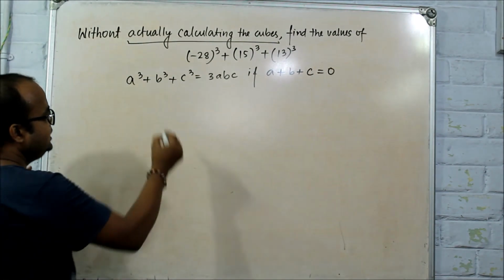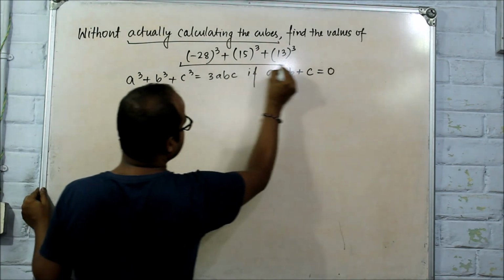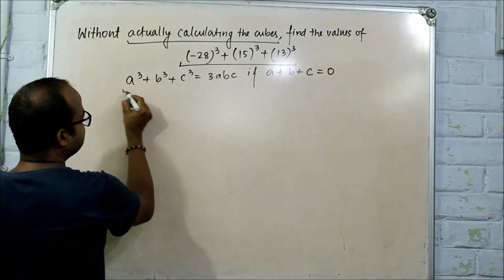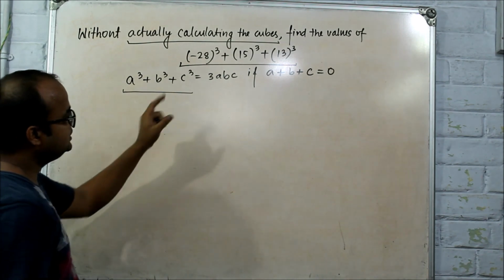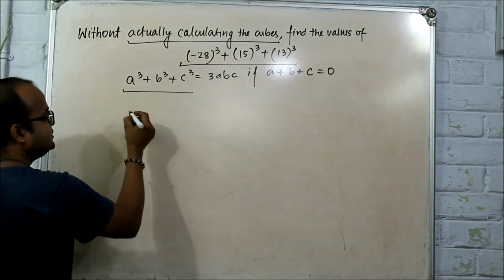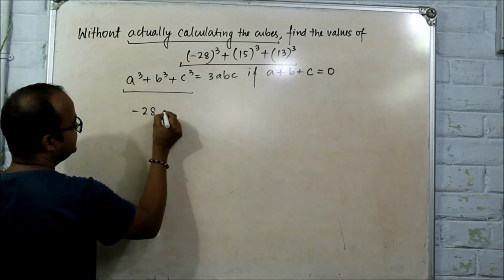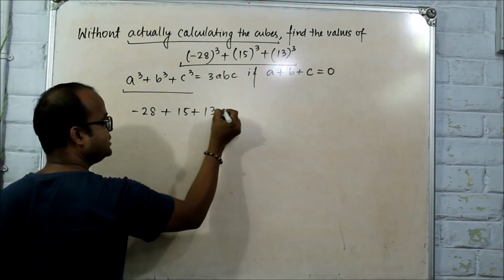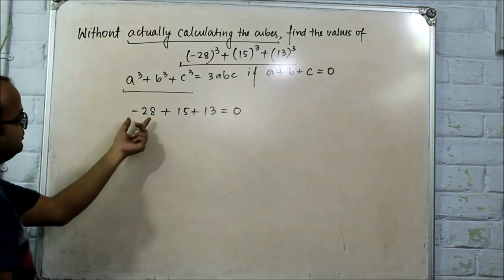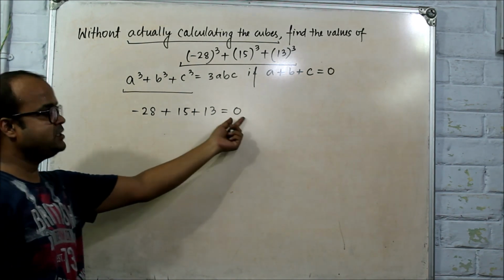Now see, your given sum is like this, a cube plus b cube plus c cube. So first check whether the sum of minus 28 plus 15 plus 13 is equal to 0. Minus 28 plus 28 is equal to 0.